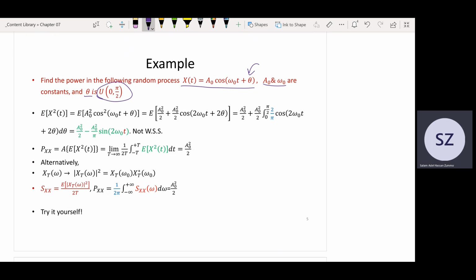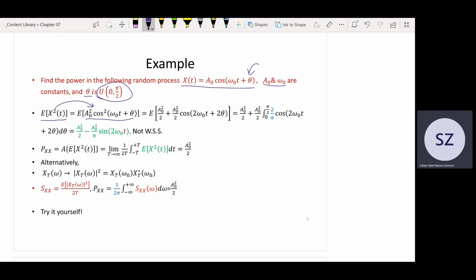Now the question is, find the power of the signal. If theta is constant, then what is the power of the signal? A0 squared over 2, right? However, with the randomness, let's see how it will look. So we find the expected value of x squared of t. x squared is A0 squared cosine squared of omega 0 t plus theta.